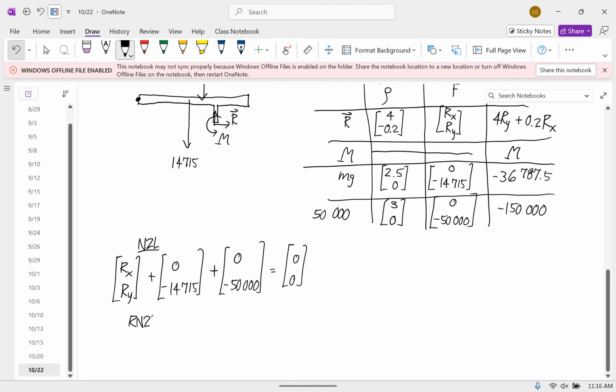And the moment equation says, rearranging a little, 0.2 Rx plus 4 Ry plus M is equal to negative 186,787.5.